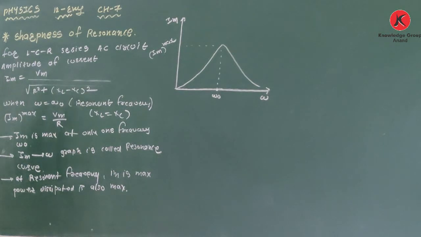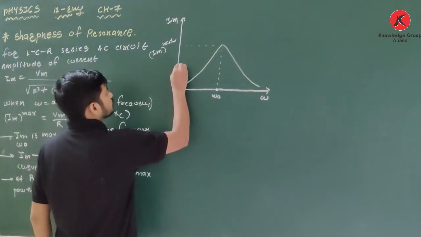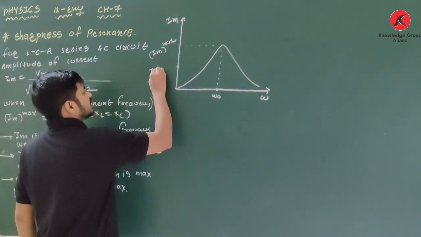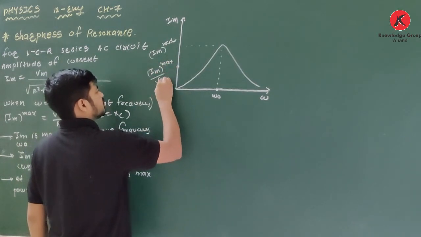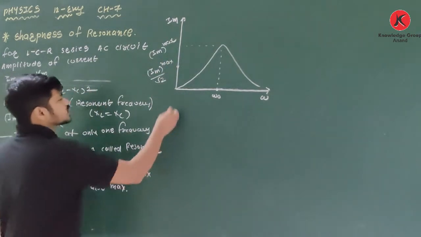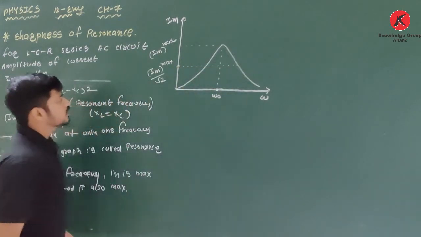Now if I take the value of current as Im maximum upon root 2, then for this value of current, power will be half, because P is proportional to I square.